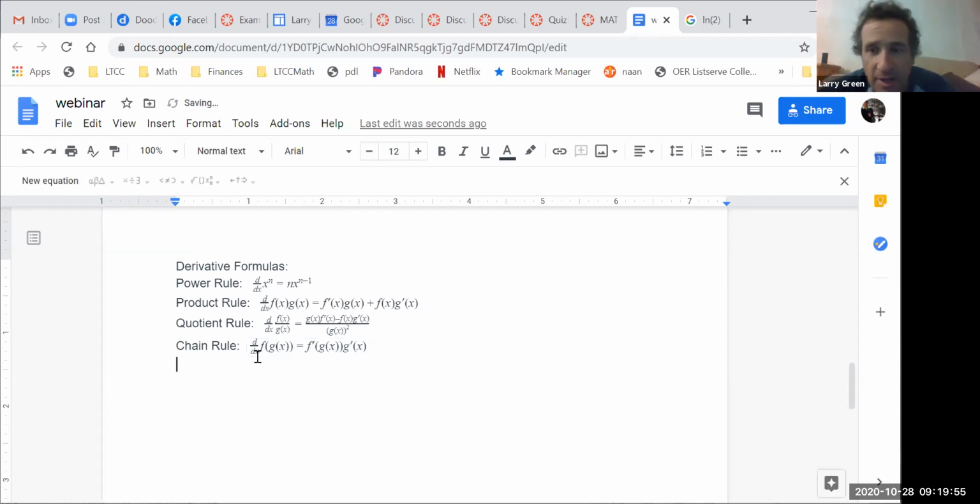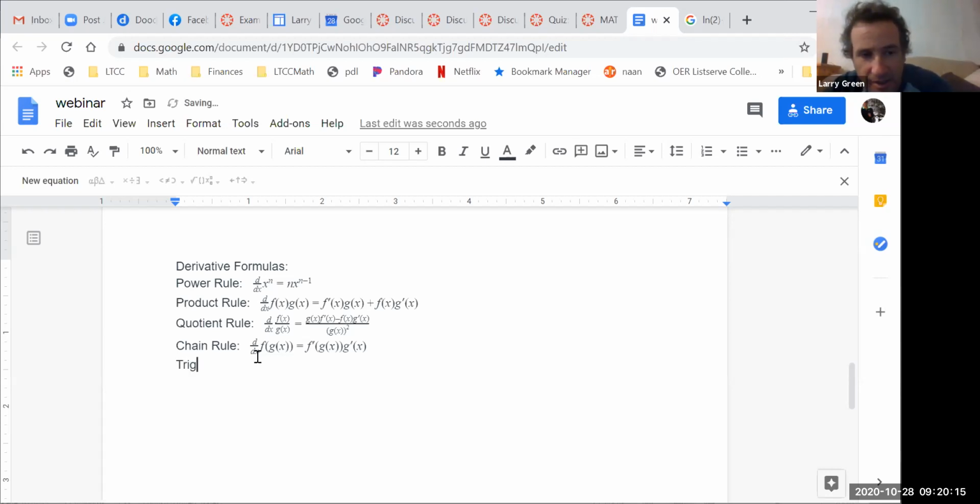And just note it's f prime of g of x, not f prime of x. Okay, that's really important. Okay, so that's a power, product, quotient, chain. And then we have a bunch by itself, and that is the derivative.